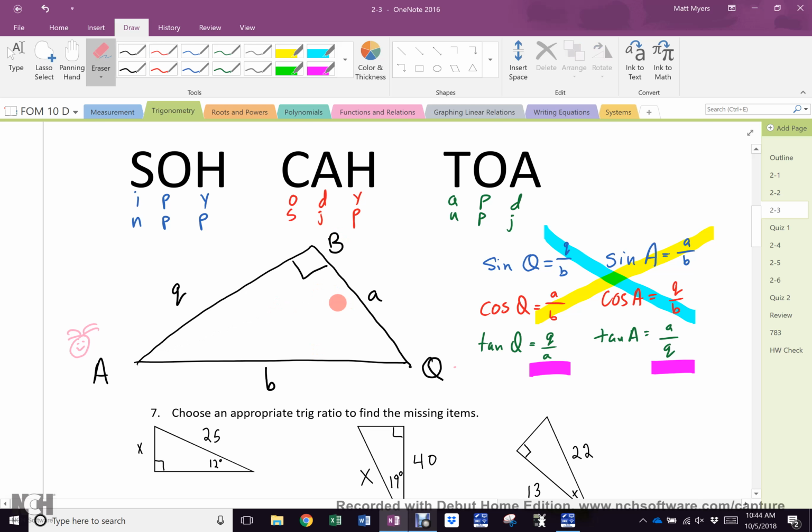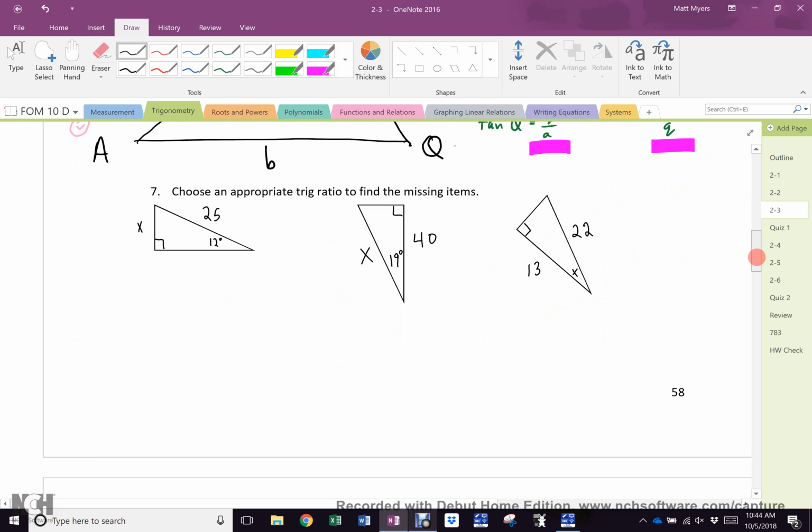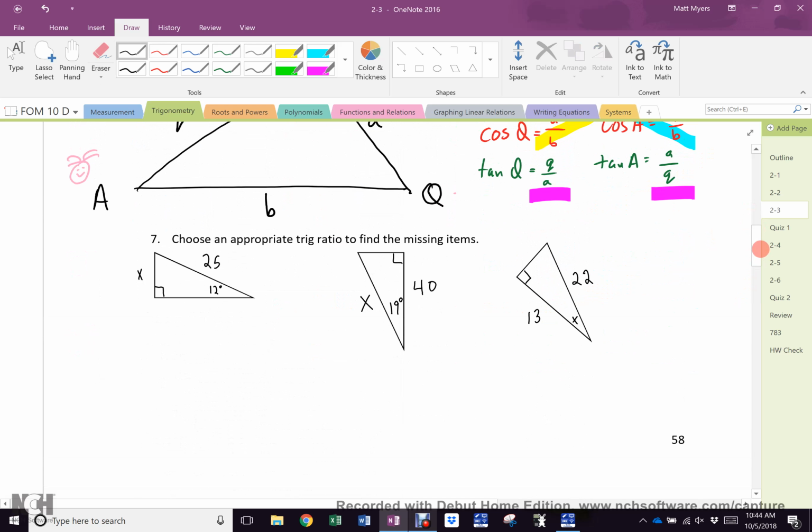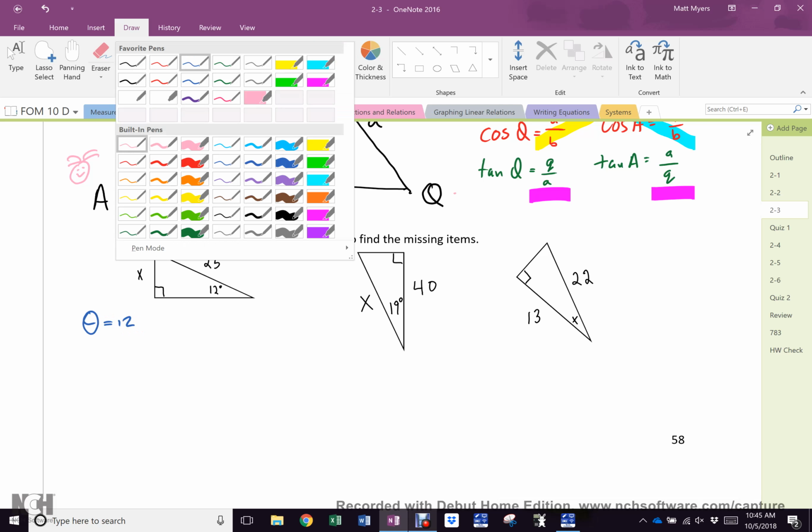Great. So what is the first question I'm asking you with that first triangle? Is there a theta? What is it? 12. Theta equals 12. Which means, where on this triangle do I draw my smiling face?